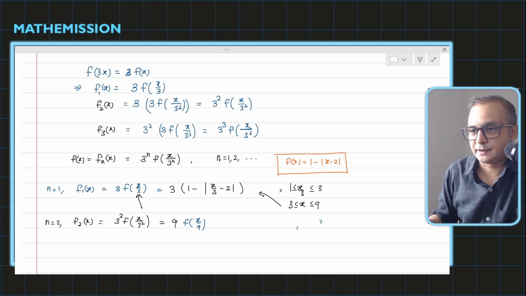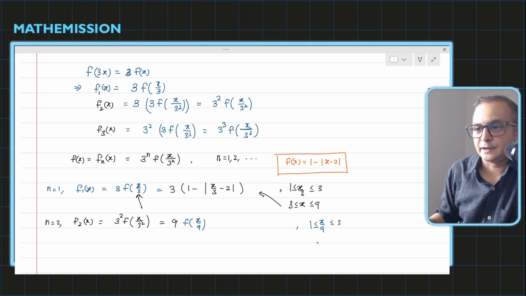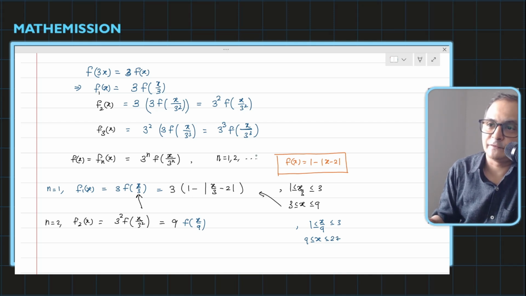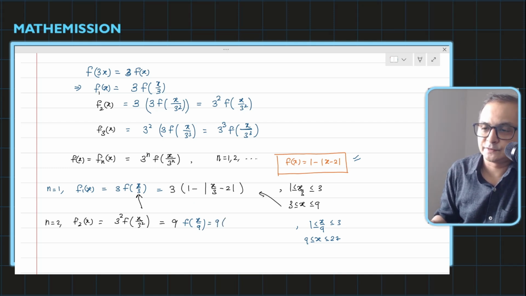So I can write that x by 9 should lie between 1 to 3. It means x should lie between 9 to 27. It means you are using the same very definition, but for 9 to 27. So this will give you 9 times 1 minus, and in the place of x now I am able to substitute x by 9 minus 2 and so on.